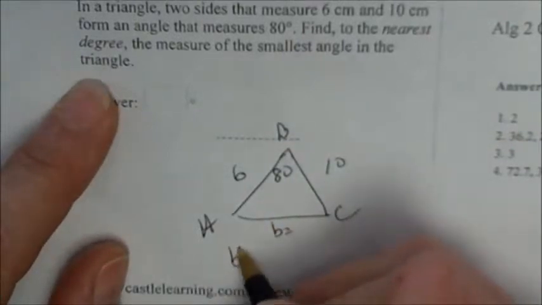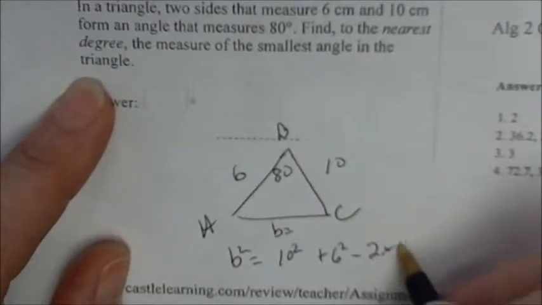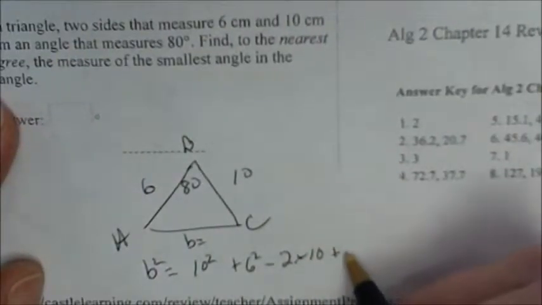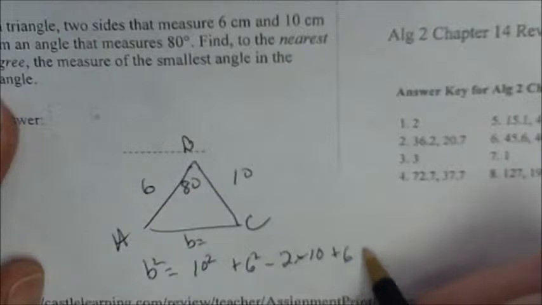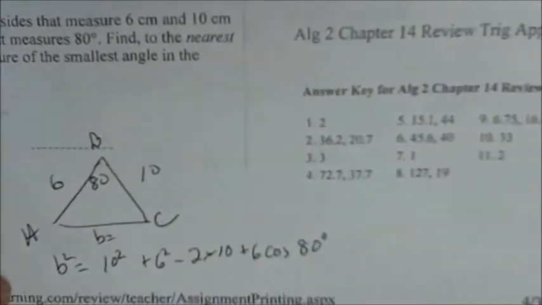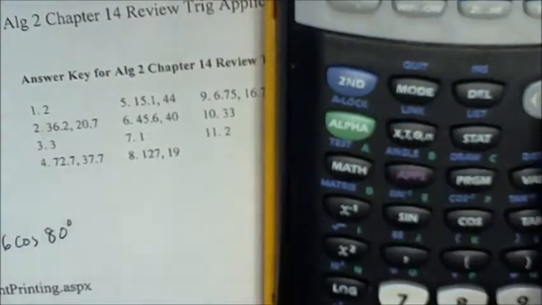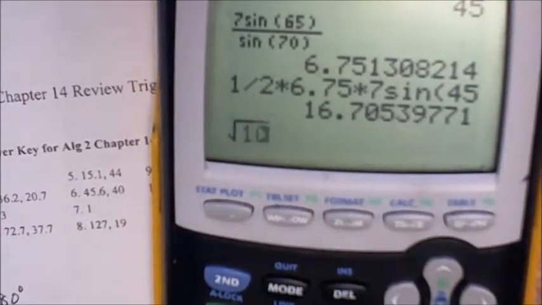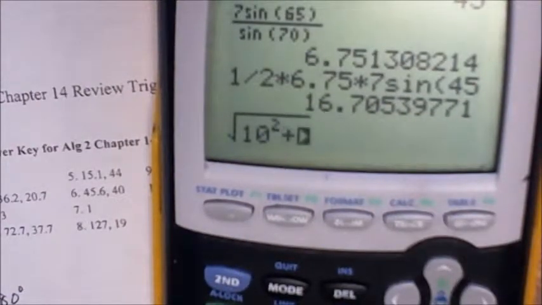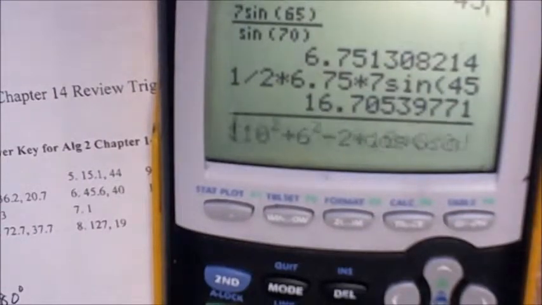So b squared equals a squared plus c squared minus 2 times a times c times the cosine of big B. So I'm going to take the square root of that whole thing to find the side B. Square root of a squared plus c squared minus 2 times a times c times the cosine of 80.